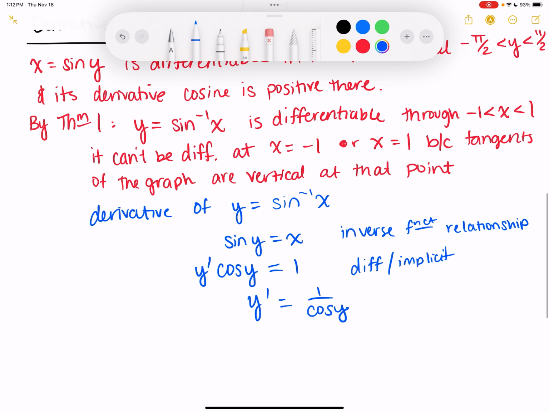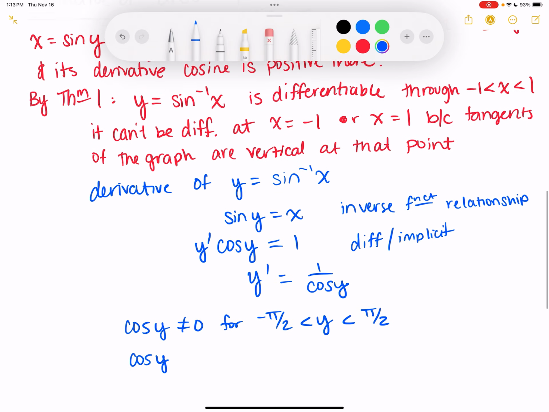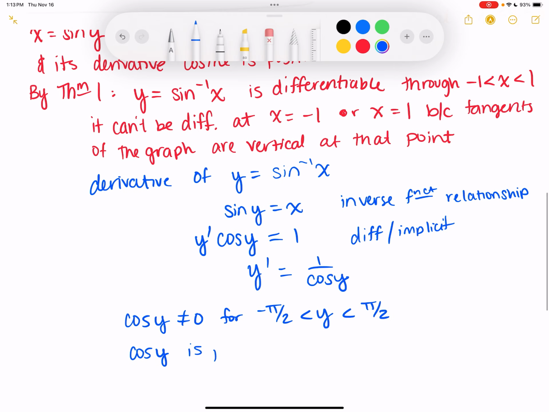So the cosine of y is not equal to 0 for minus pi over 2 less than y less than pi over 2. And specifically, we can say that the cosine of y is positive on that interval.